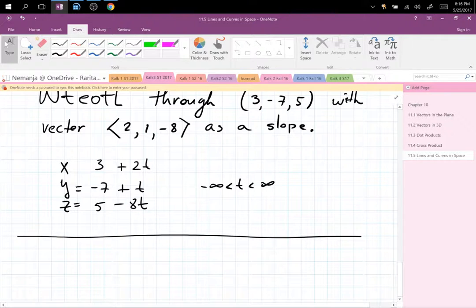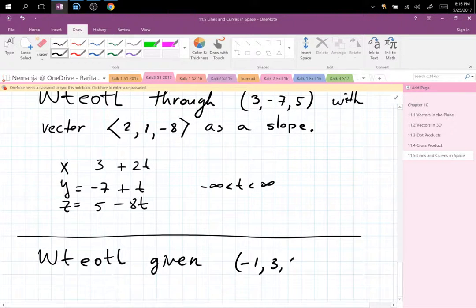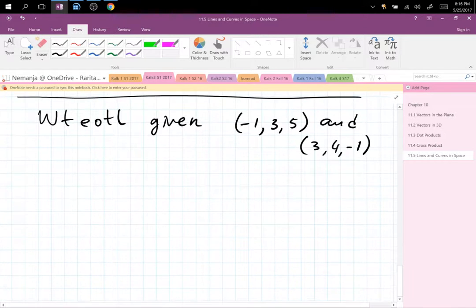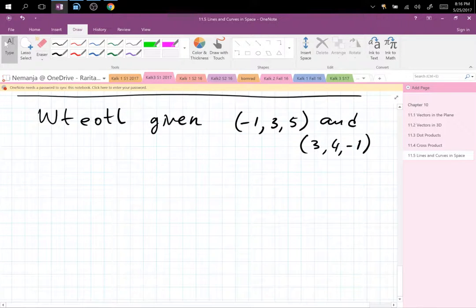because we are going to again write the equation of the line given (-1, 3, 5) and (3, 4, -1). So I'm giving you 2 points in space and you get to write the equation of the line that goes through those 2 points.